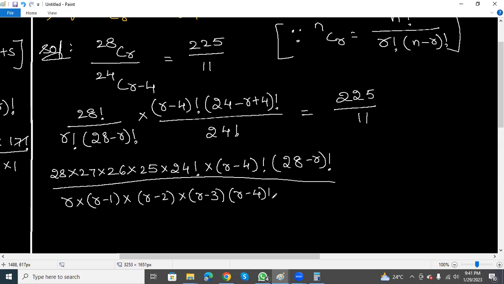Why have I stopped here? Because I want to cancel the (r minus 4) factorial. Then (28 minus r) factorial, which is equal to 225 over 11.